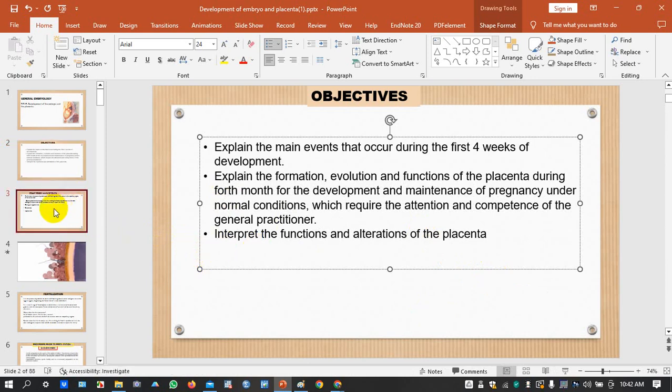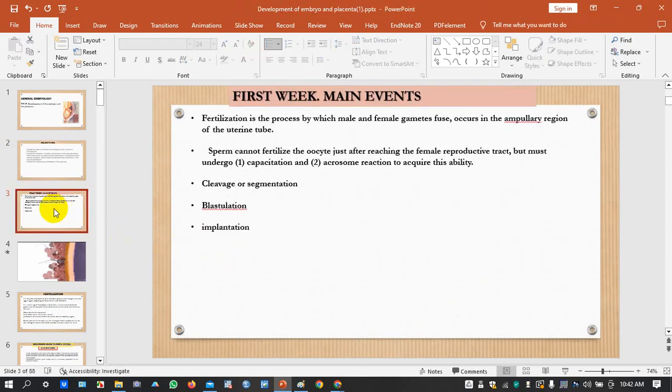Okay, so let's begin. Fertilization is the process by which male and female gametes fuse or combine, and it occurs in the ampullary region of the uterine tube.